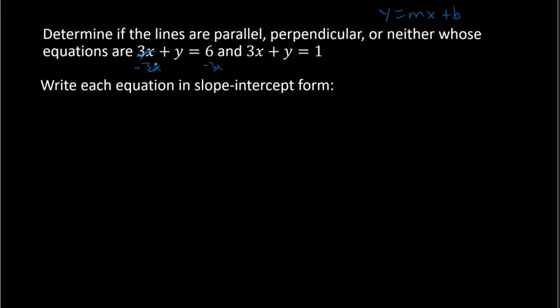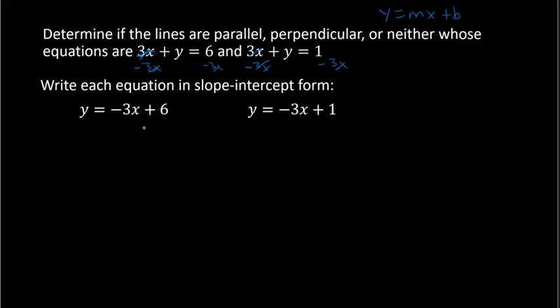When I subtract, we have y equals 6 minus 3x, or we can think of that as negative 3x plus 6. The other equation, same thing, we need to subtract 3x from both sides. So now we have y equals negative 3x plus 1.